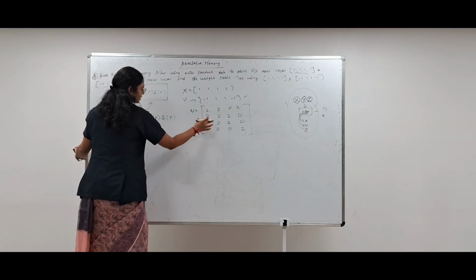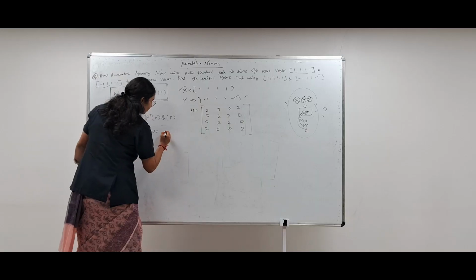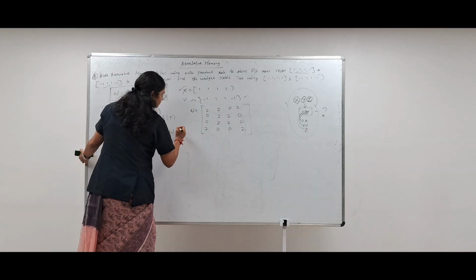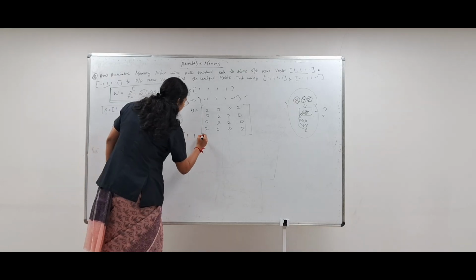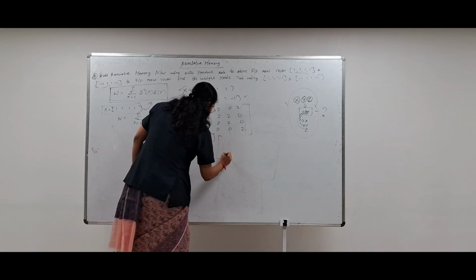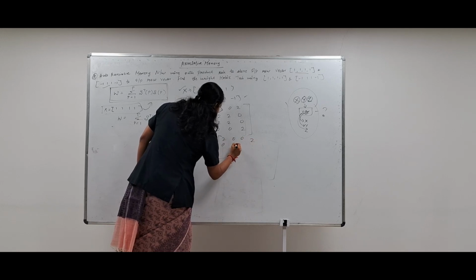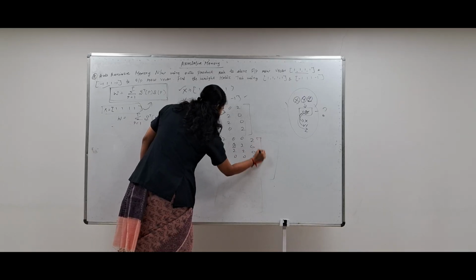Fine. To check this, we are going to multiply w with the x that we have already taken as an input. So x into w, which is nothing but 1, 1, 1, 1 into 2, 0, 0, 2, 0, 2, 2, 0, 0, 2, 2, 0, 2, 0, 0, 2. Fine.